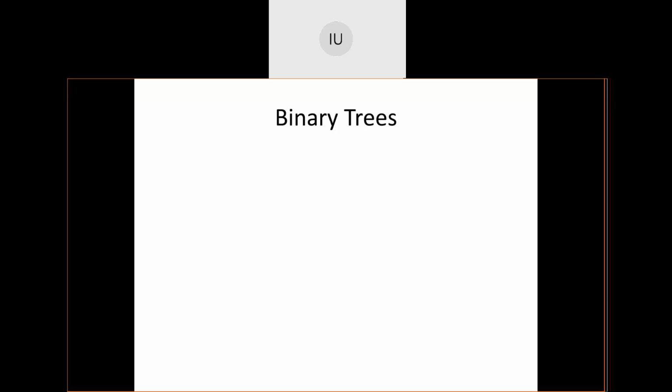Guys, please pay attention to the distinction between these categories. The first thing I call a strictly binary tree. What is this strictly binary tree? I'll draw a binary tree diagram for you. Please notice what I'm doing.